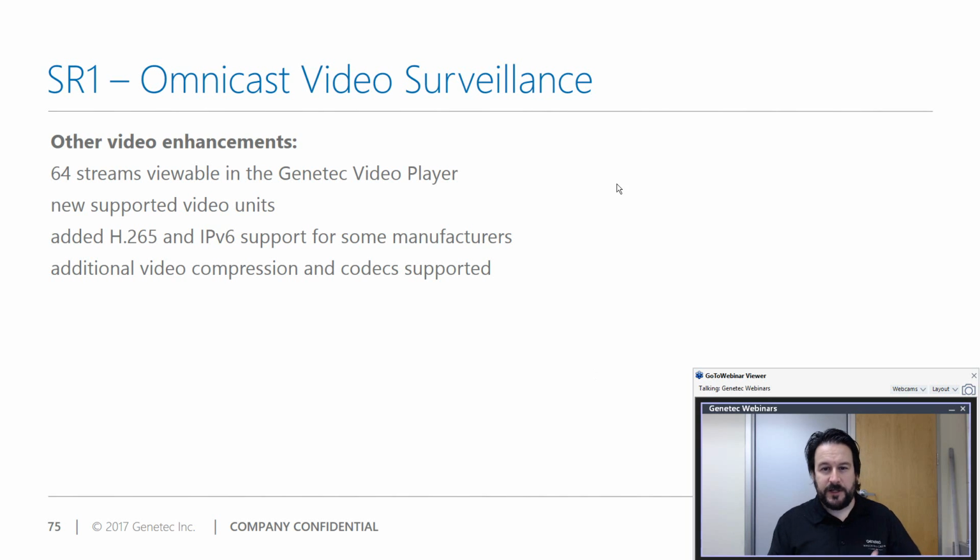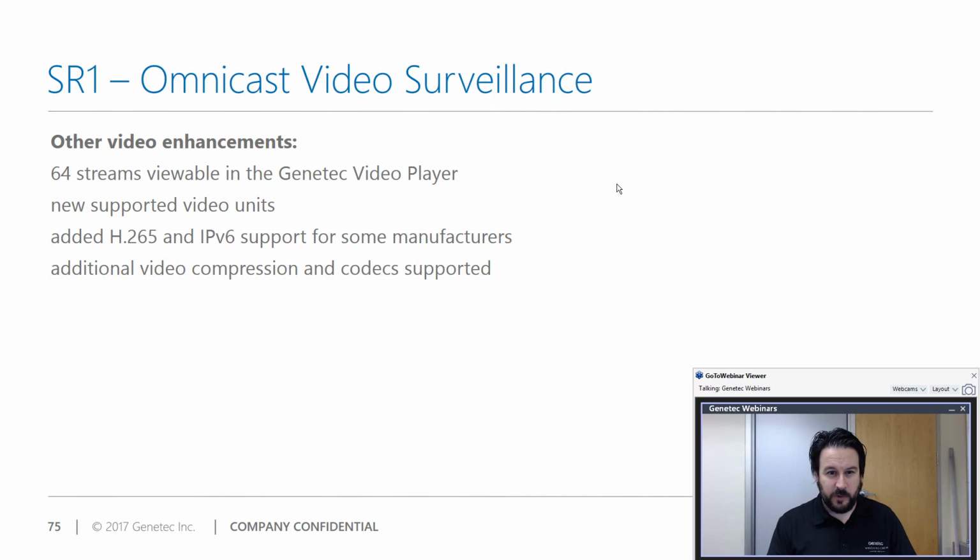Just a couple of general video enhancements as well that I wanted to point out. When we're using the Genetec video player, if you have a G64X file, you can now actually view 64 streams. Previously we were more limited than that, but now if you have the bandwidth or the power to do so, you can view all 64 streams in the viewer if you need to.